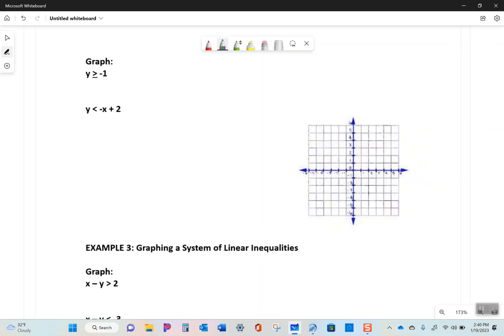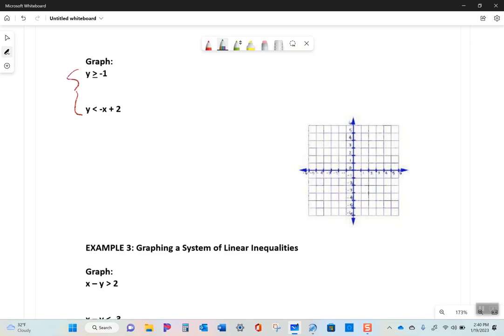Okay, so now we're going to graph. What kind of form is our first inequality, y is greater than or equal to -1? What kind of form is that? Not quite. We talked about 4 different forms in 5.6. Well, that's what this is right here.